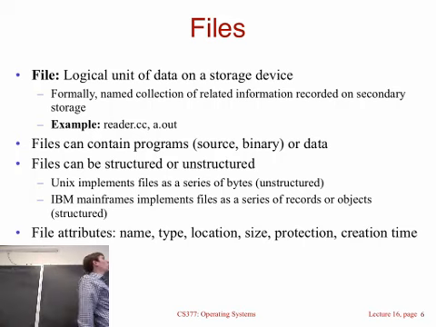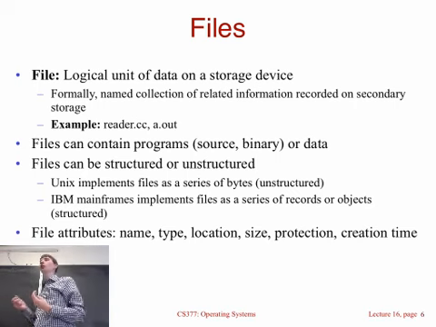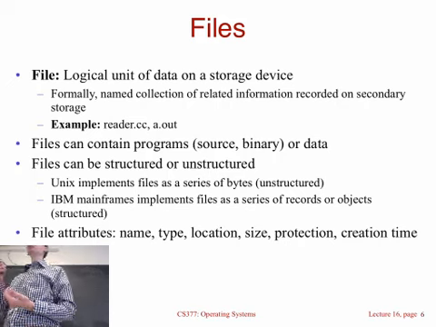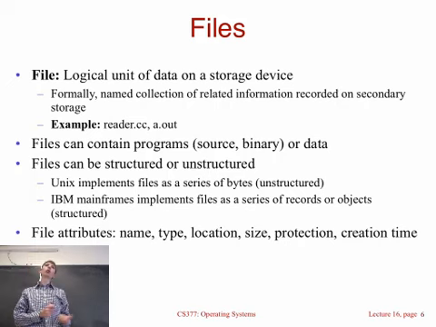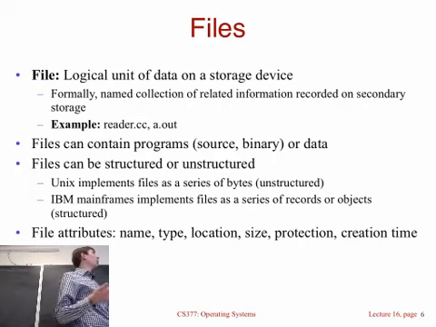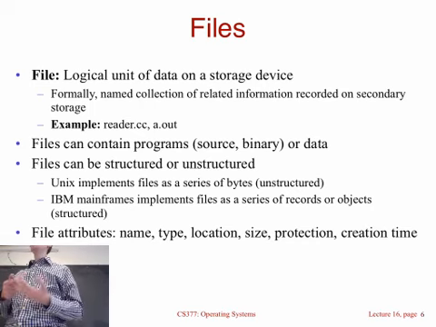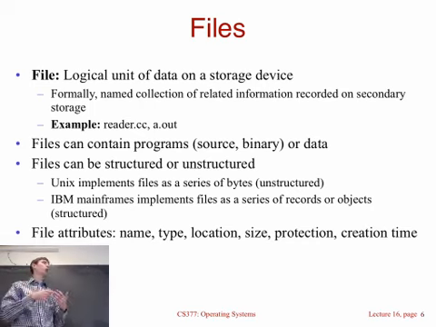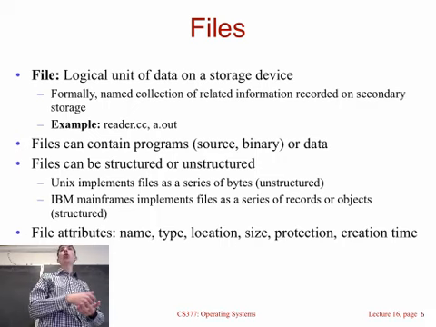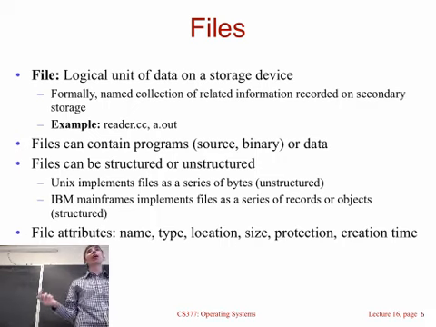And files can also be structured or unstructured, which essentially refers to whether the OS itself actually knows anything about what your files are containing. There are essentially two approaches here. The unstructured approach is what a system like Unix does, which is a file is a bunch of bytes on disk, and there's essentially no further organization imposed by the OS on how the file is laid out.